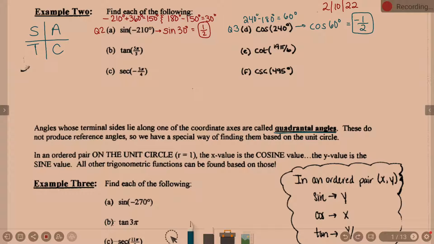So after we've subtracted our angle from the closest side, if we don't get 30, 45, or 60, we've done something wrong. Probably. If it's designed where you're supposed to get one of those 3 reference angles, then yes.